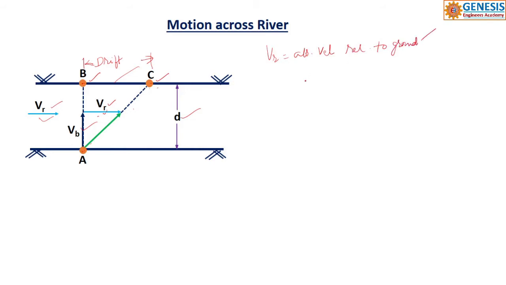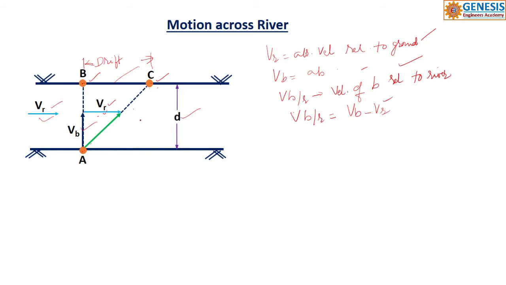VB is the absolute velocity of the boat relative to the ground. And VBR is the velocity of the boat relative to the river, stream or current. So VBR is equal to VB minus VR.